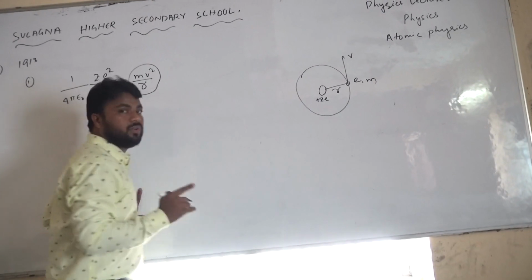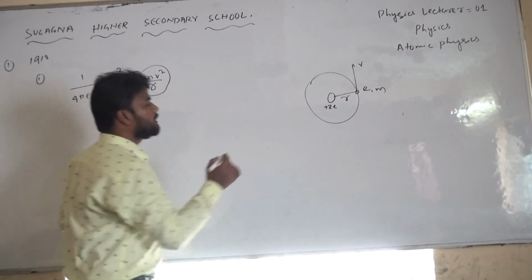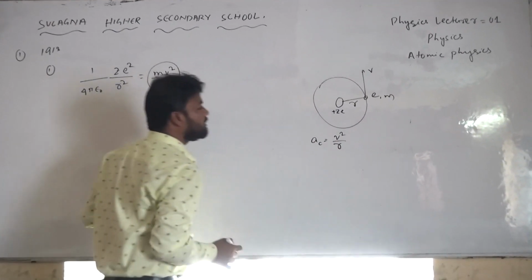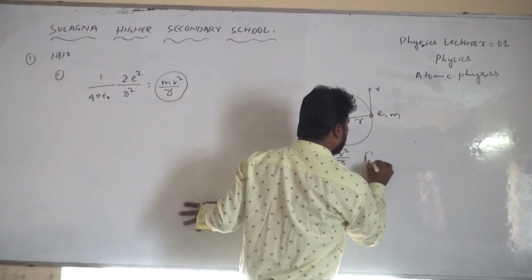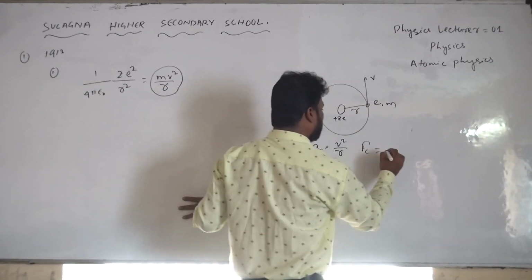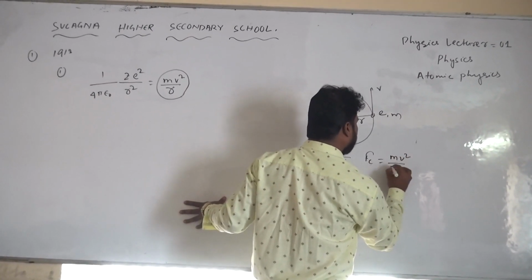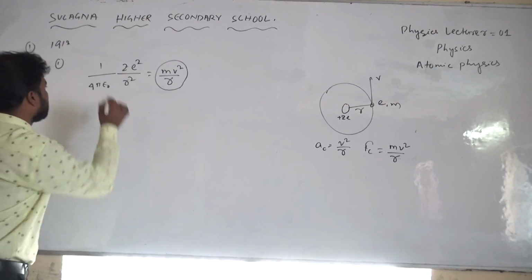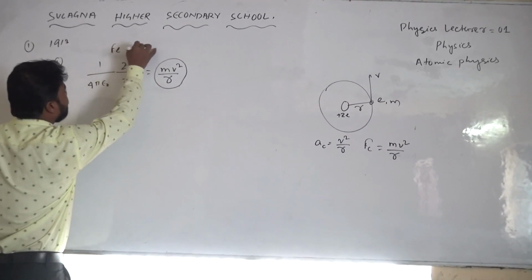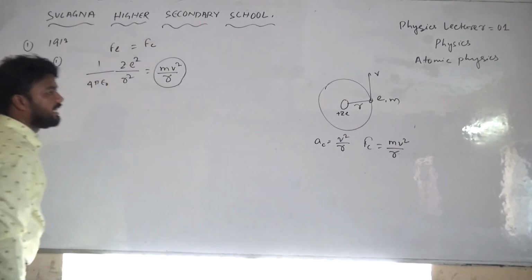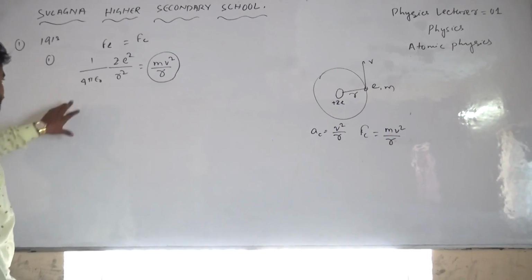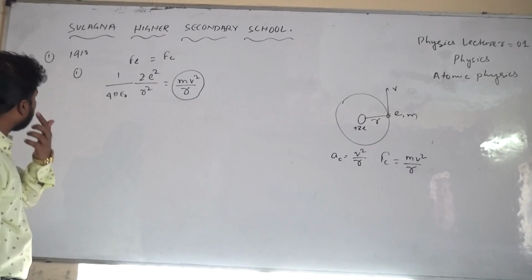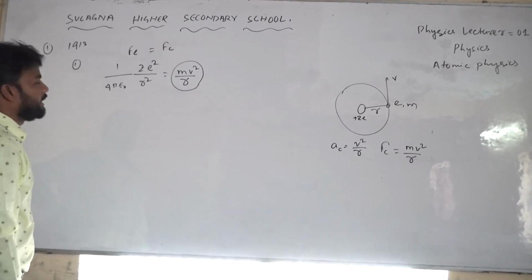That acceleration is known as the centripetal acceleration. v square by r is the centripetal acceleration, and the centripetal force is m v square by r. The electrostatic force equals the centripetal force, that is 1 by 4 pi epsilon naught, Z square e square by r square, equals m v square by r.